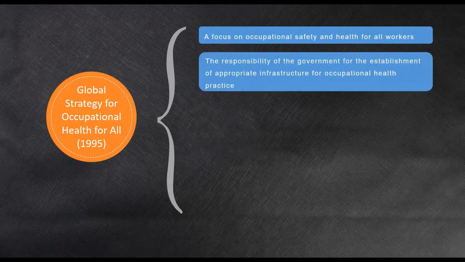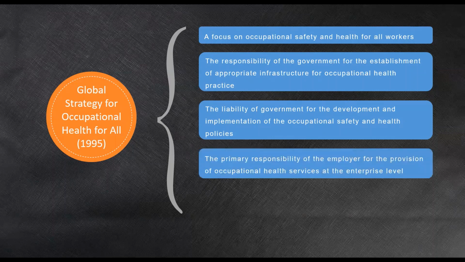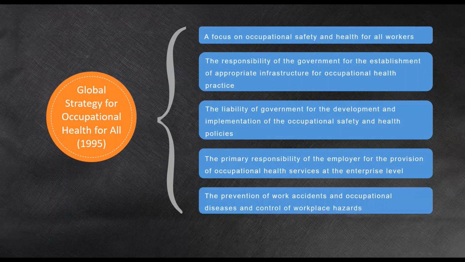It also calls for the government's responsibility to enforce occupational safety and health practices, as well as the government's accountability to create and enact policies concerning occupational health. Likewise, it emphasizes the responsibility of the employers to provide a healthy workplace environment and services for the employees. And lastly, to prevent accidents and occupational diseases from happening.